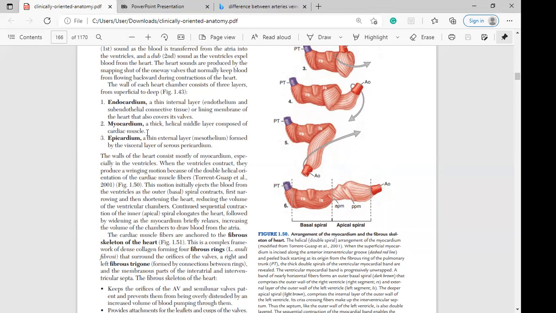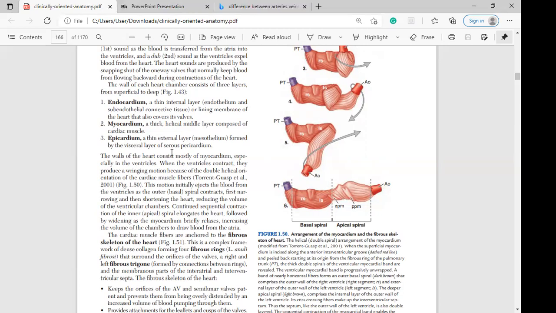And then the outermost layer, you have the epicardium. So this epicardium is a thin external layer formed by the visceral layer of serous pericardium. So we said that the heart itself is covered by the pericardium. The outermost layer of the heart is covered by the pericardium. But then the heart has three main tunics or three main layers.